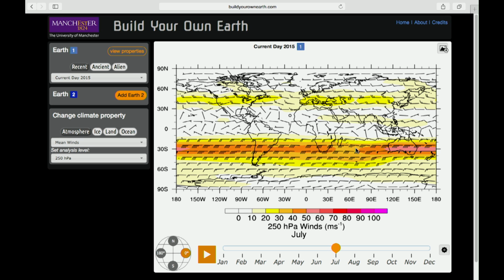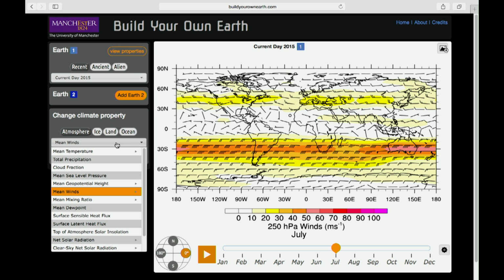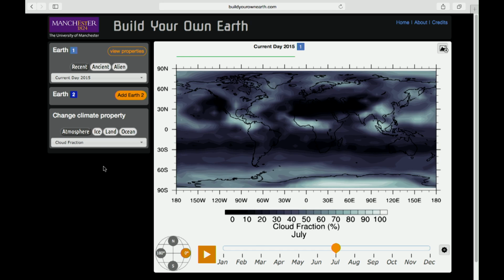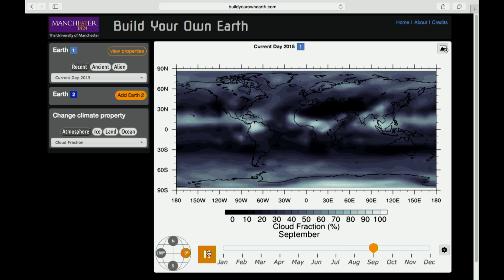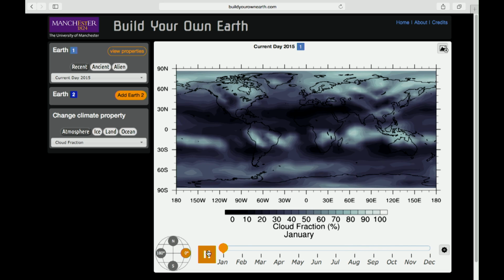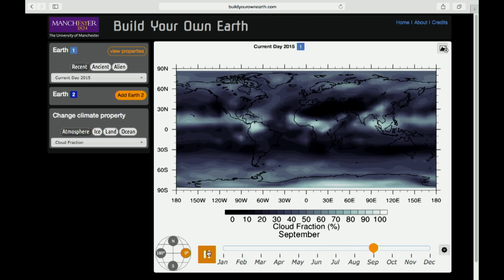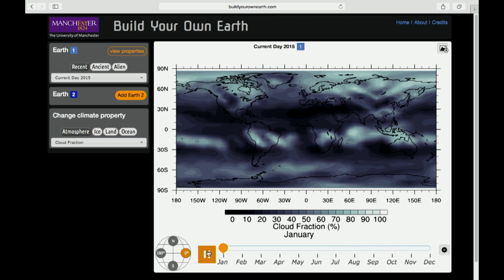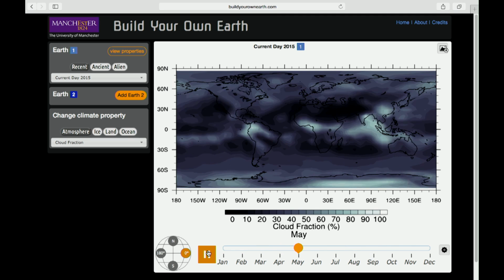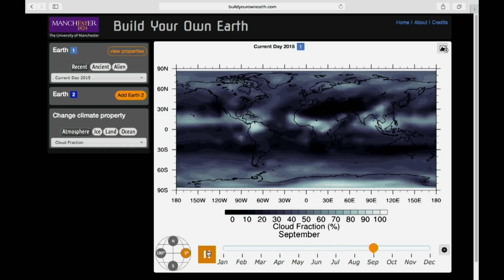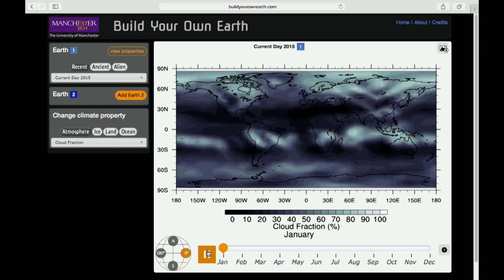Another factor that we can examine is cloud fraction and rain for the model results. If we go to atmosphere and cloud fraction, and scroll through these again, the Earth is dominated by a feature that we call the intertropical convergence zone, a region of persistent clouds and precipitation in the tropics.